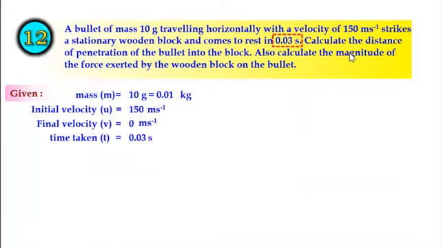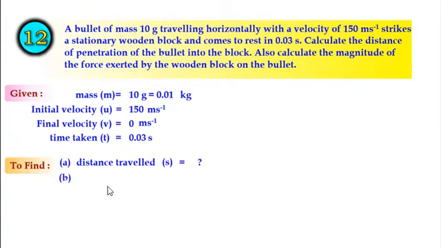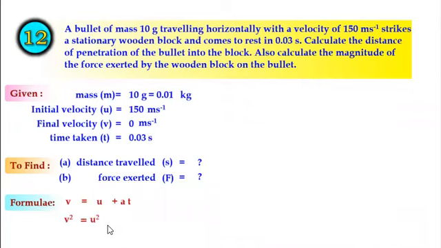To find the magnitude of the force exerted by the wooden block on the bullet. First bit, distance traveled. How much distance it traveled? Question mark. S, that is displacement, we can say straight path. And B, force exerted. F is equal to question mark. Formulas to find these values: V is equal to U plus AT and V square minus U square is equal to 2AS. F is equal to ma. These are the three formulas which we use to solve this problem.